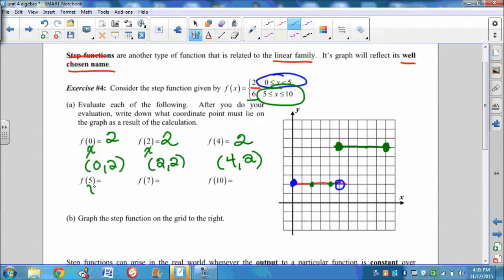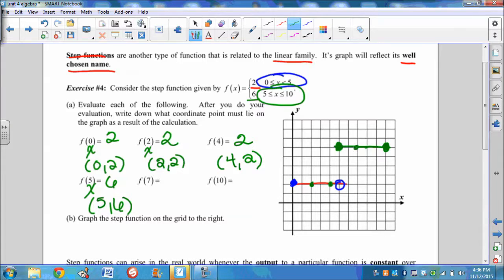f of 5, so if that's my x, and I go to where x is 5, I've got this and this. But think about what this open circle means. It means that it's not equal to there, so it touches the graph way up here, which happens to be 6. So that point is 5, 6. And then what about when x is 7?